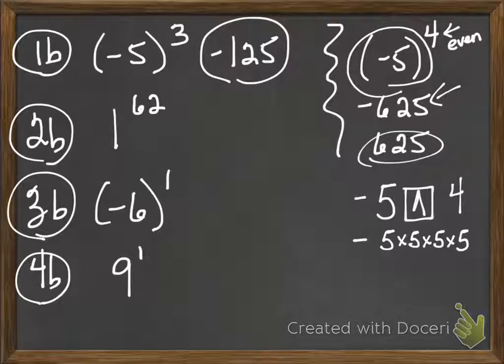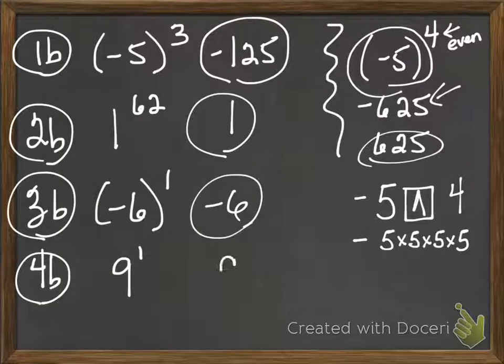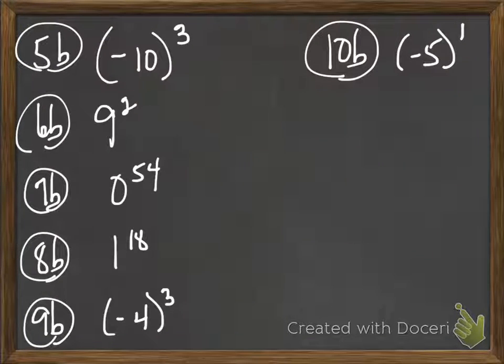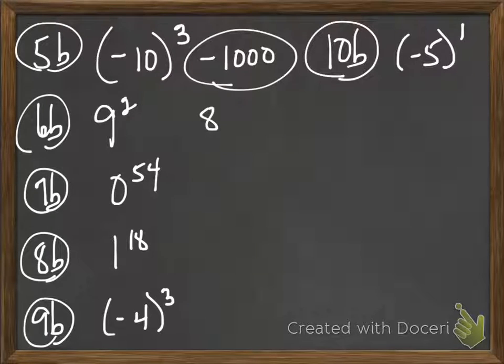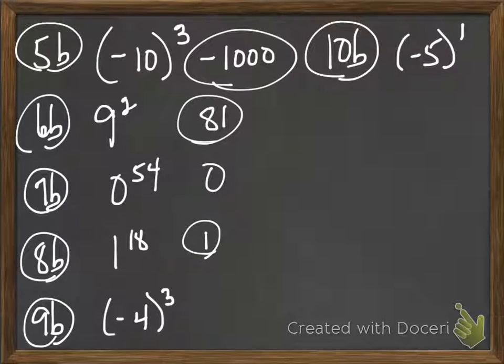2b, 1 to the 62nd power is 1. Negative 6 to the first power is negative 6. 9 to the first power is 9. Negative 10 in parentheses to the third power is negative 1,000. 9 squared is 81. 0 to the 54th power is 0. 1 to the 18th is 1.